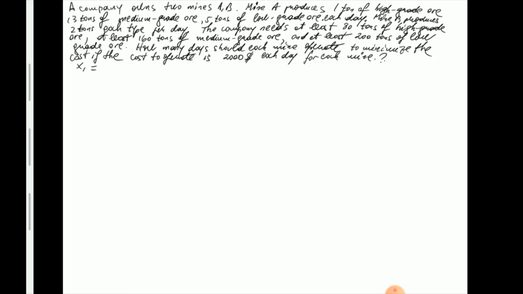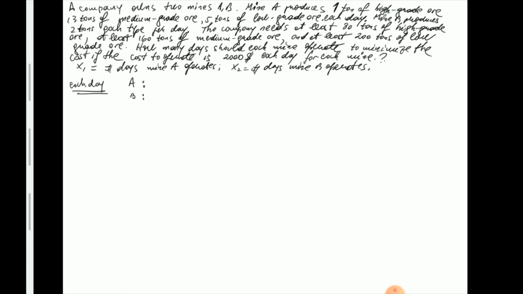So let's say x1 is the number of days mine A operates, and x2 is the number of days mine B operates. And then all the data in the problem here is given in terms of stuff per day. So each day we have a bunch of information, and for each mine, right? Okay, so let's write it as we normally do by row.